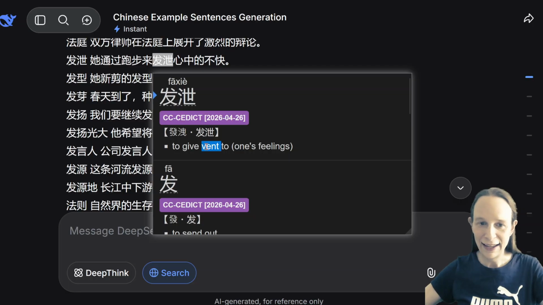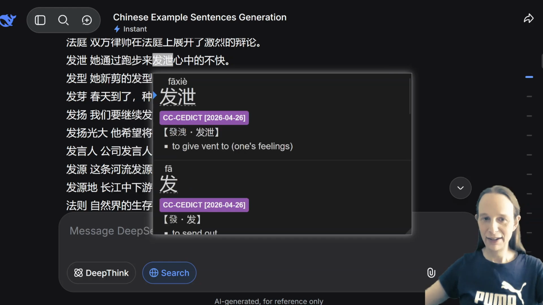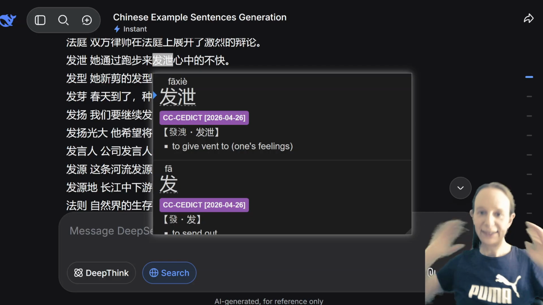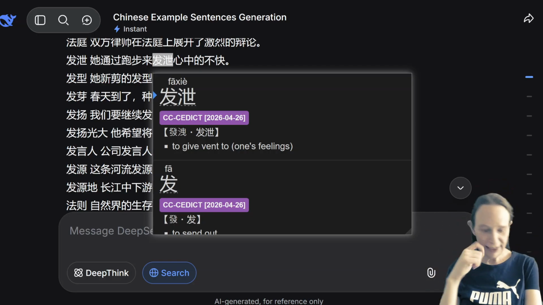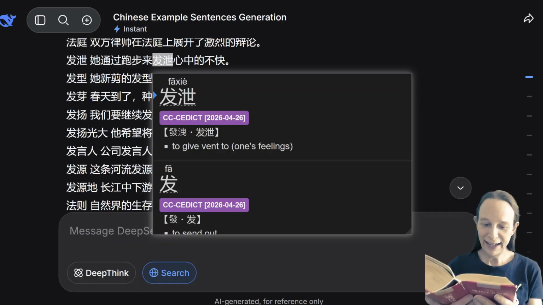Okay, fair enough. So we're venting outwards. It's defined in the dictionary thusly. 尽量散发出来多指情绪欲望.